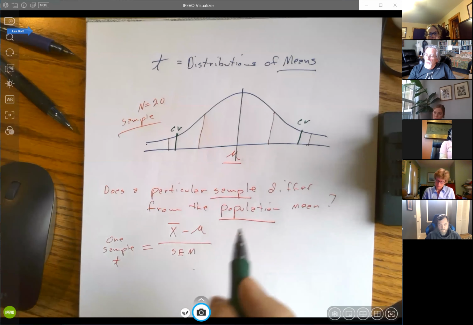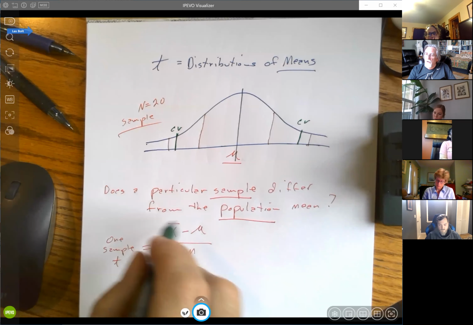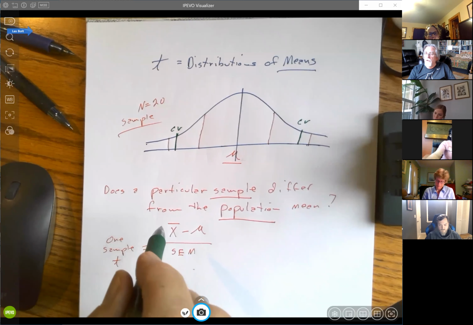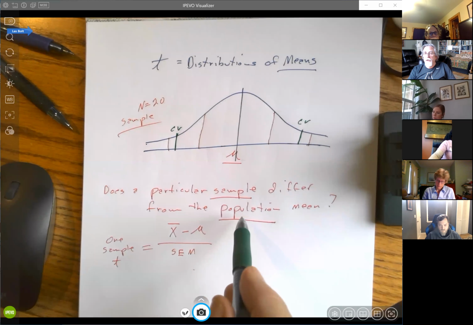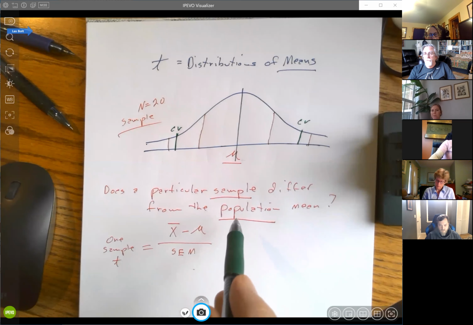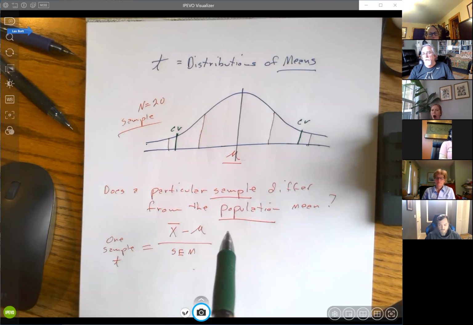So if a sample mean from this formula, whatever, we have to know a couple of things here. One, we have to have the sample data, and two, we have to know what the population mean is. I mean, we can't calculate the population mean. We have to kind of know what it is. What's the average height in a building? What's the average IQ score in a school?